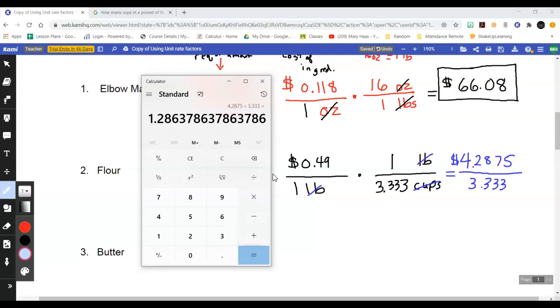So it looks like, and this is money, I'm going to write down $1.28. And I want you to box your answers because the boxed answers at the end of this worksheet, we're going to add up all of those.